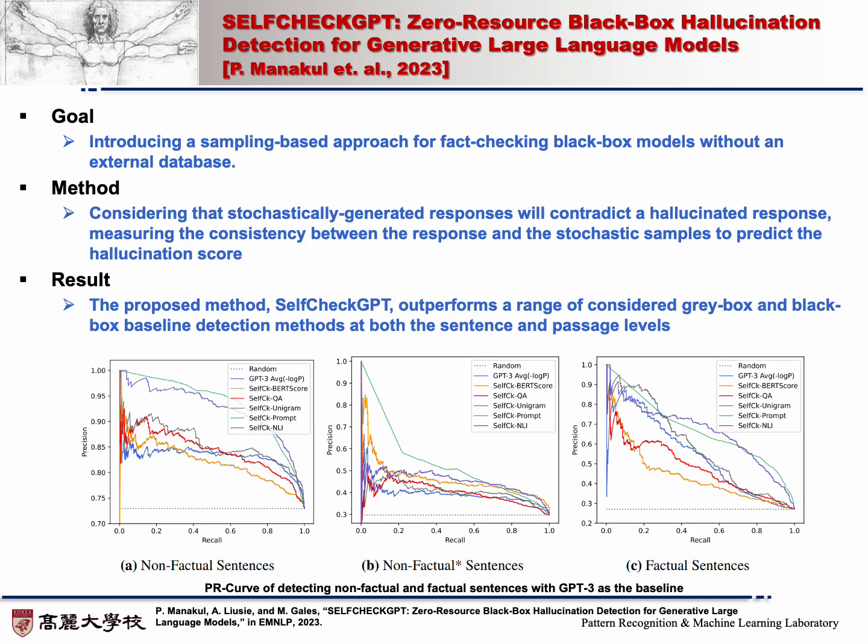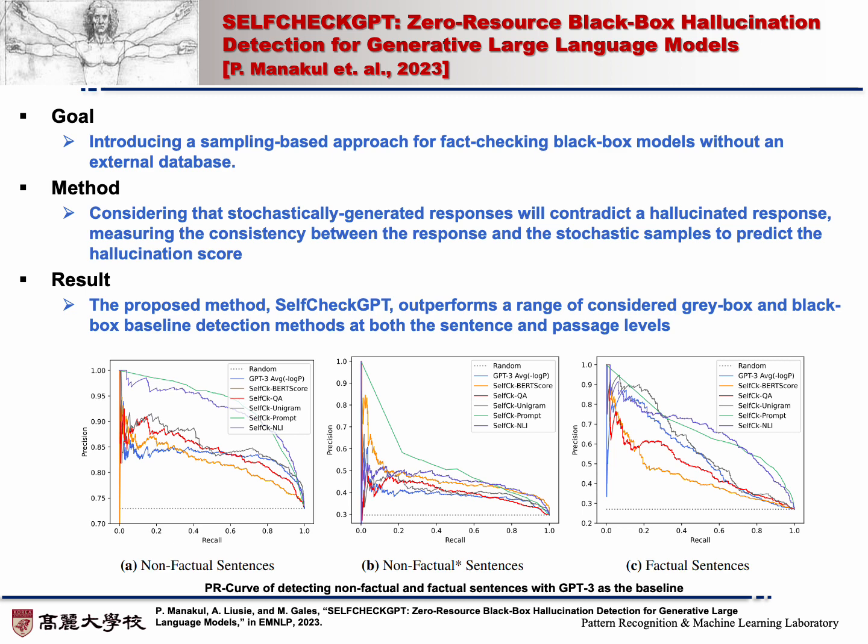Building on our exploration of techniques to improve the reliability of language models, let's look at another pivotal study from 2023 by P. Manakul and colleagues. The study, aptly titled SelfCheckGPT: Zero-Resource Black-Box Hallucination Detection for Generative Large Language Models, offers an innovative approach to fact-checking models without relying on any external database.